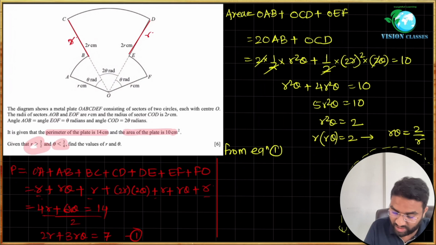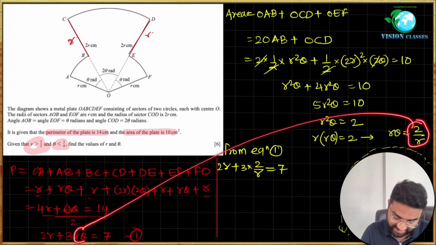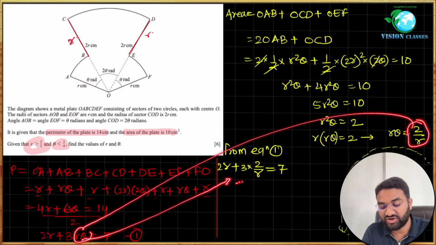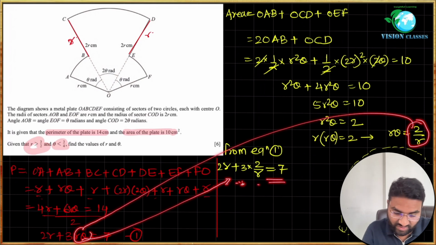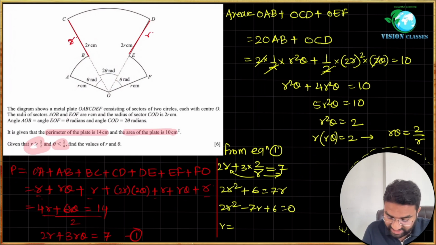From equation 1, it's 2r plus 3 times 2 by r is equal to 7. I am substituting this rθ value 2 by r here. Simplify it: multiply by r and transfer to the right hand side, 2r squared plus 6 is equal to 7r. So 2r squared minus 7r plus 6 is equal to 0, and we will get the two values of r.